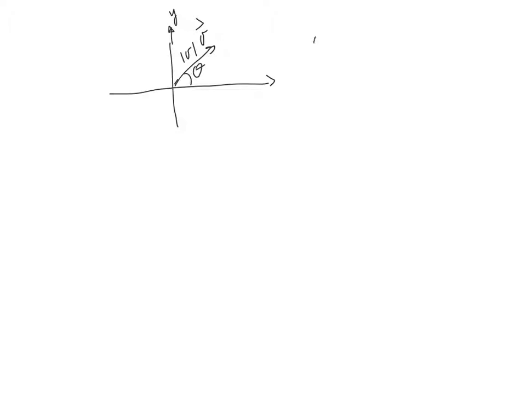So I can write that vector v is v sub x, which is the component along x, times a unit vector along x, which we denote with the vector i. So it's going to be v sub x times i. Again, i is a unit vector.